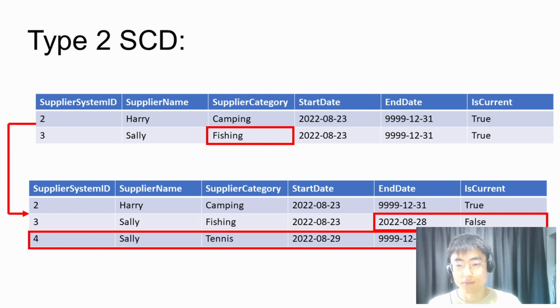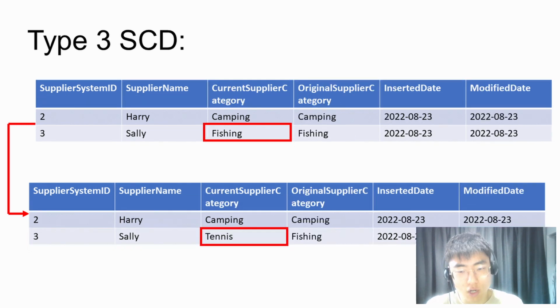Compared to type 1 SCD, a whole new row is added, as well as keeping track of what the historical values were. Lastly, looking at type 3 SCD, there are again new columns here. We have current supplier category, original supplier category, and similar to type 1 SCD, inserted date and modified date. When Sally's category changes, her original supplier category is fishing, and now her current category is tennis. Those two get recorded in their respective columns, and the modified date changes as well.